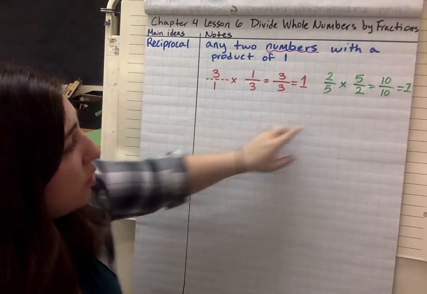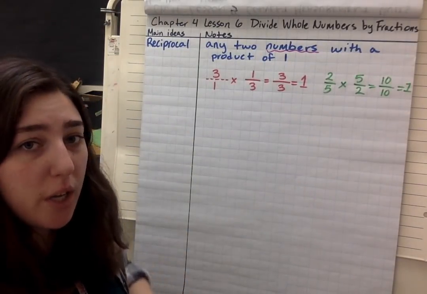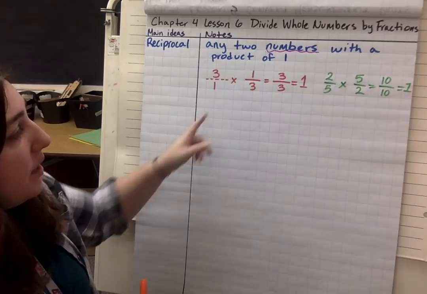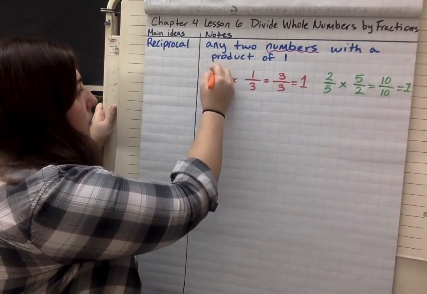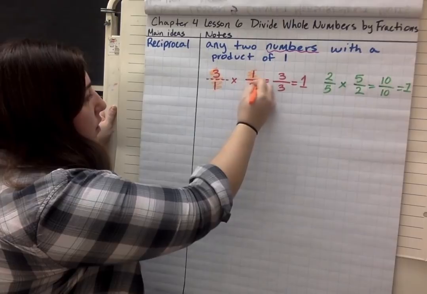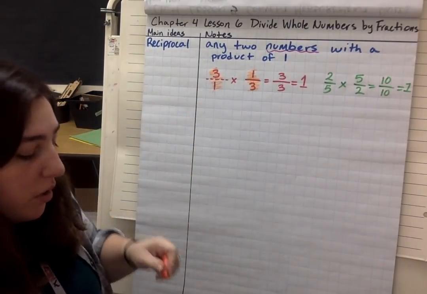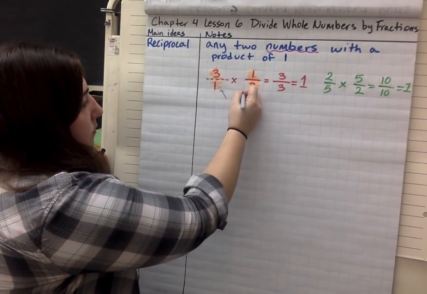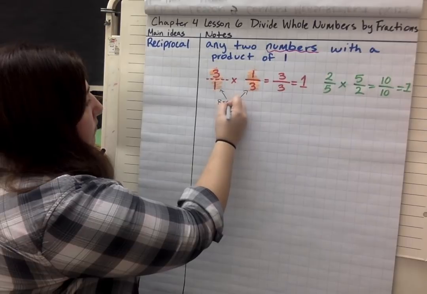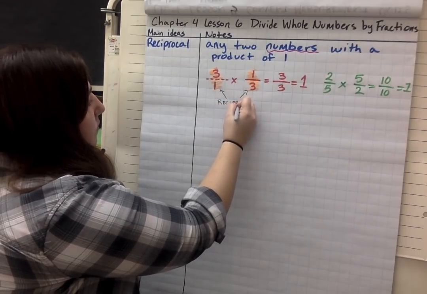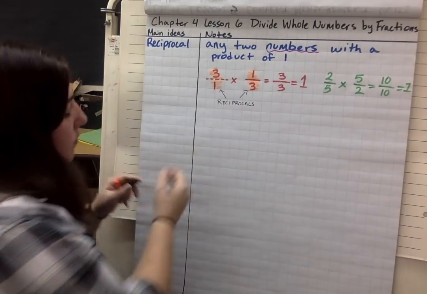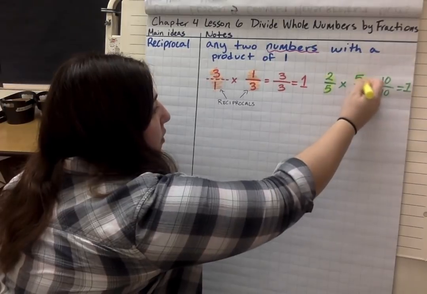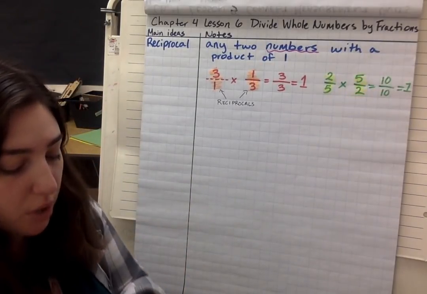Okay, so again, I found a product of 1 using two numbers. So in these examples, 3 over 1 and 1 over 3 are reciprocals. And 2 over 5 and 5 over 2 are also reciprocals.